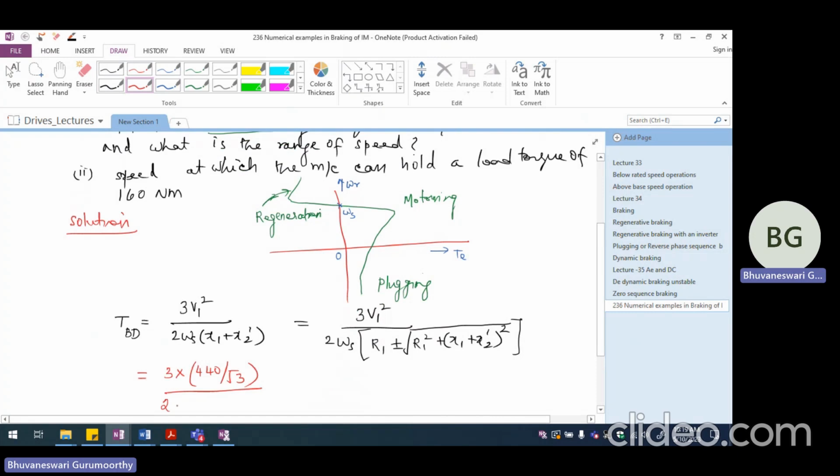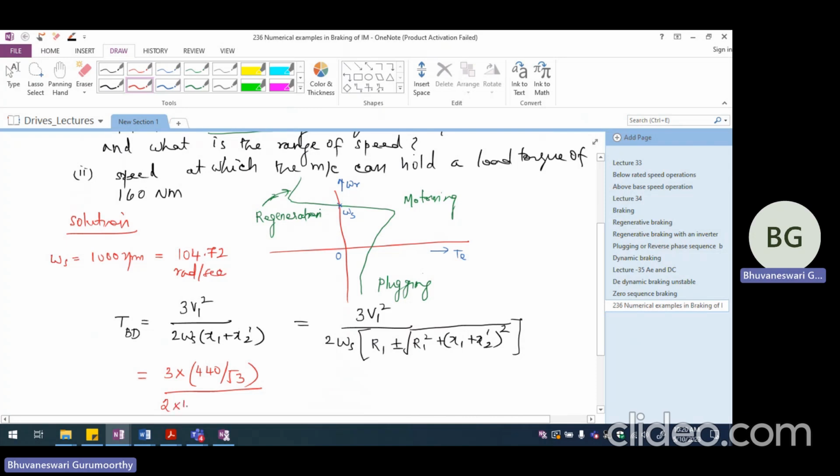It is a 6-pole induction motor. So synchronous speed will be 1000 RPM or 2 pi multiplied by 1000 divided by 60, which will be 104.72 radians per second. So we have to use radians per second here.